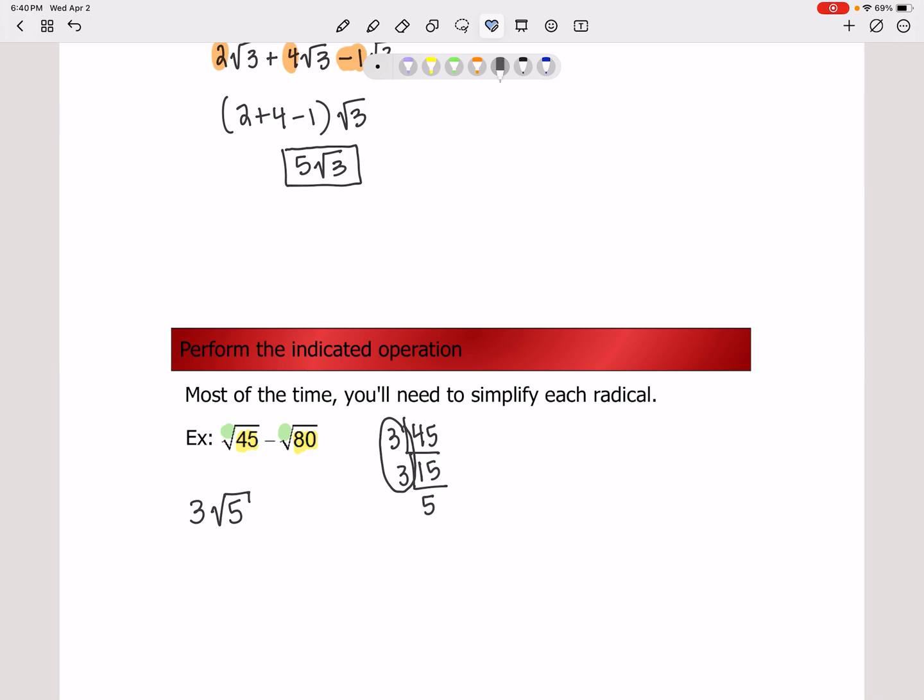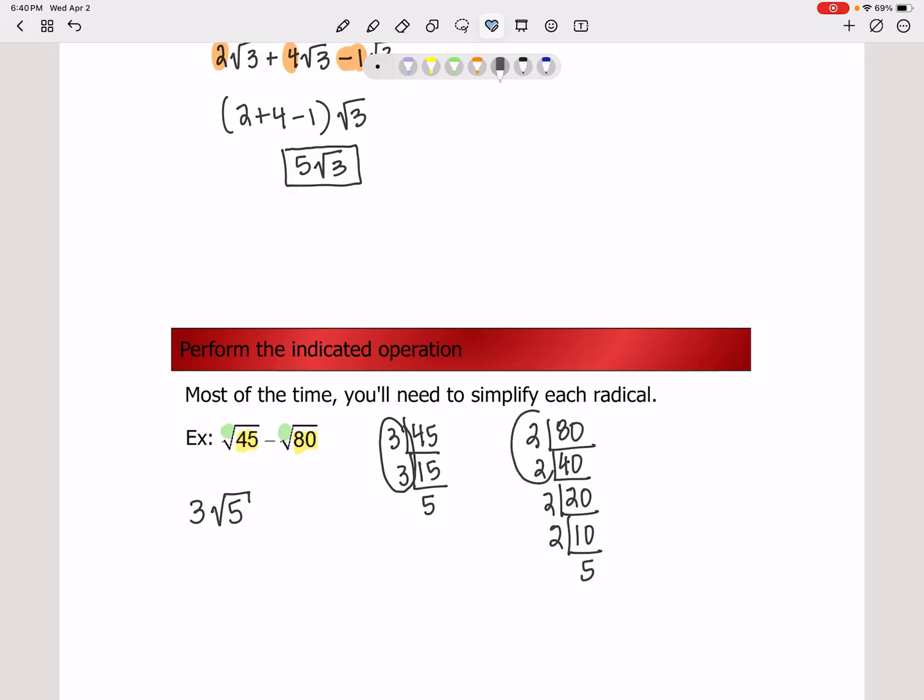The second term, we're going to break down that 80. 2 goes into 80 40 times. 2 goes into 40 20 times. 2 goes into 20 10 times. And 2 goes into 10 5 times.